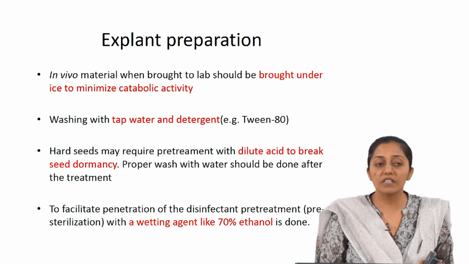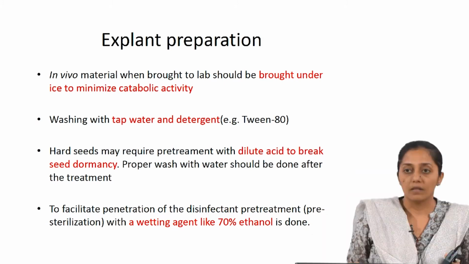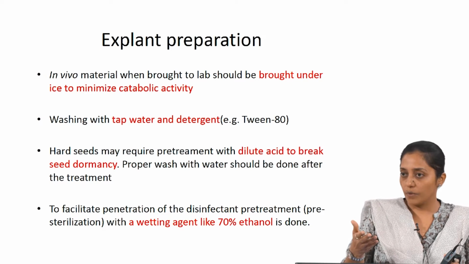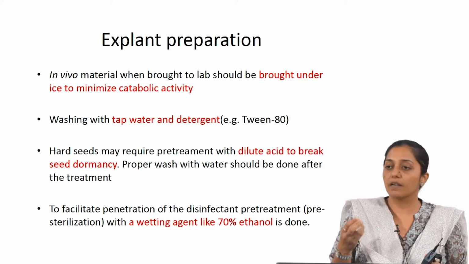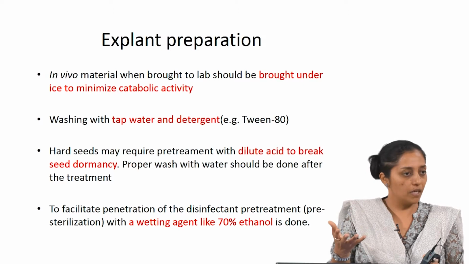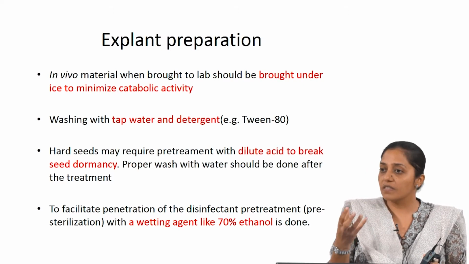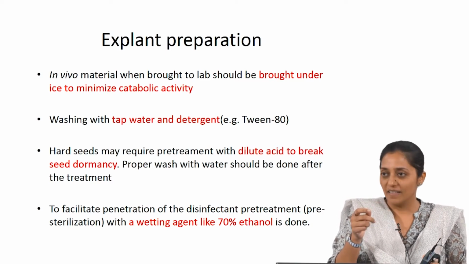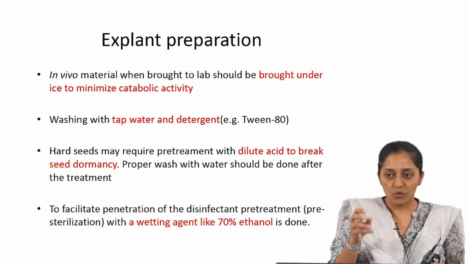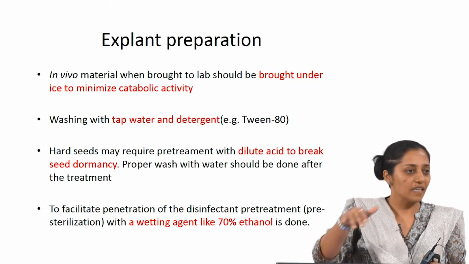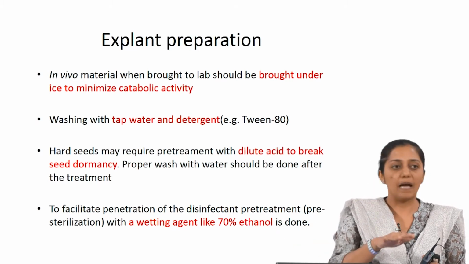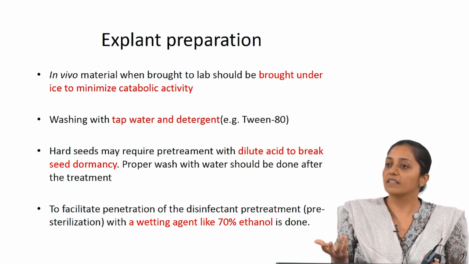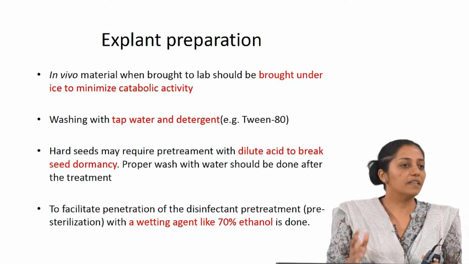Very good. But what does it do to surface tension, and of what? The liquid in which the wetting agent is present. So when you provide the disinfectant, it reduces the surface tension of the liquid. Reducing the surface tension means reducing the attraction between the molecules of the liquid, so that they can disperse and get inside the gaps available on the explant surface, thereby increasing the probability of penetration and disinfection.